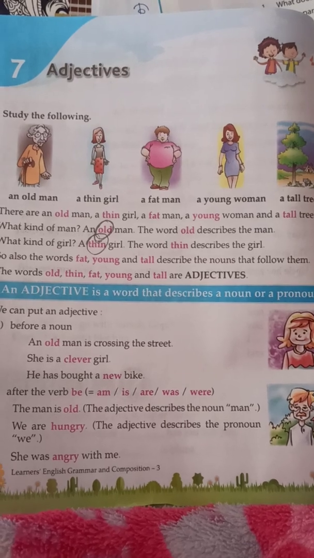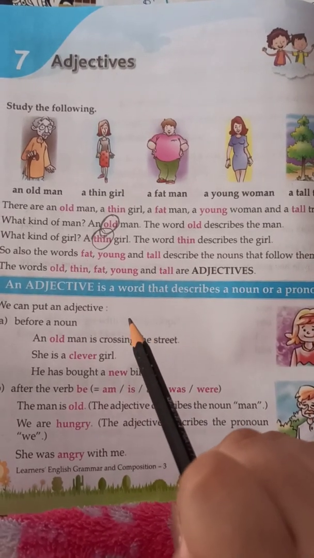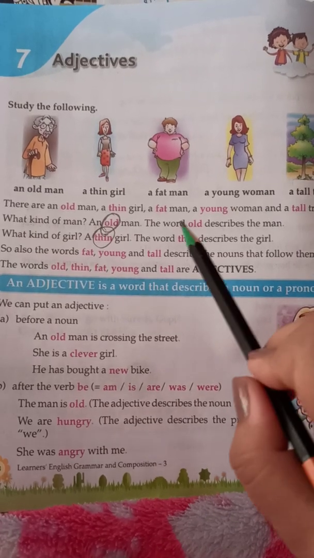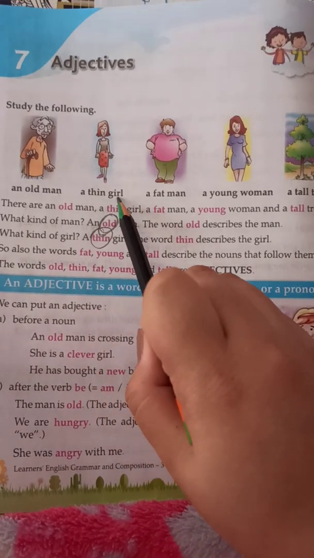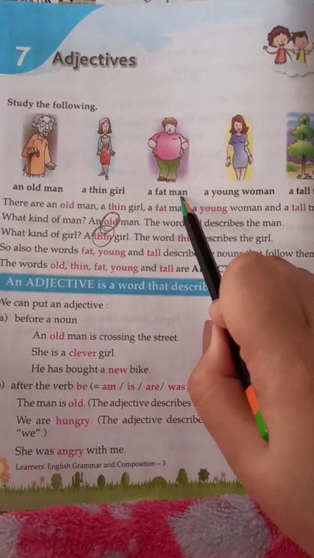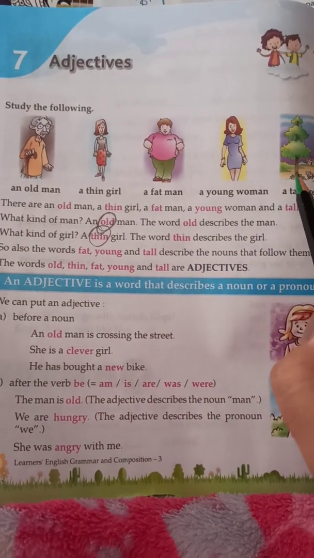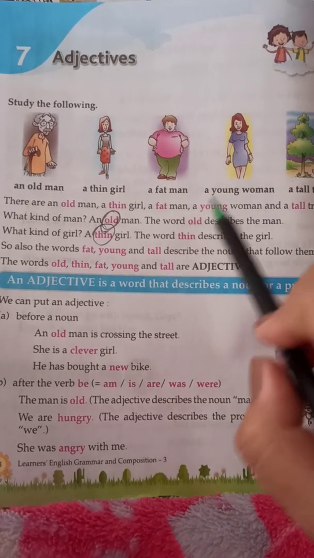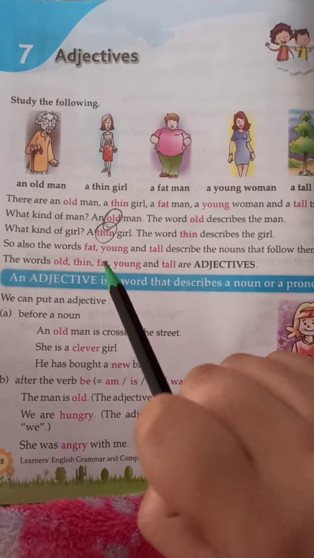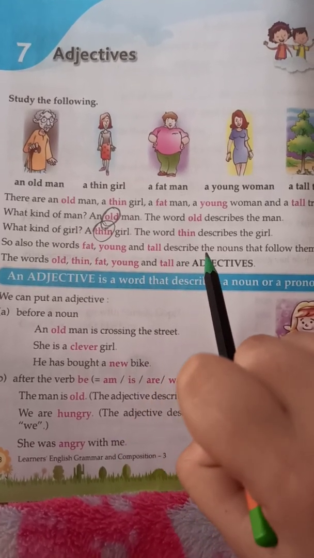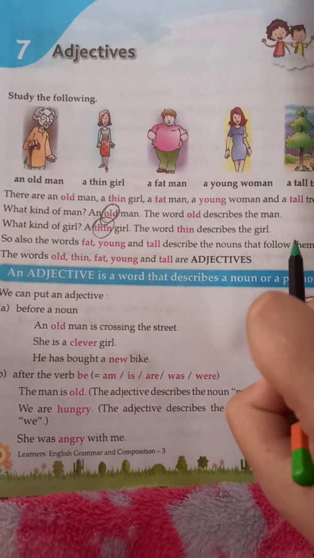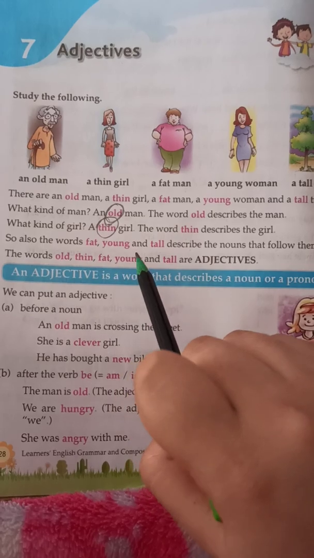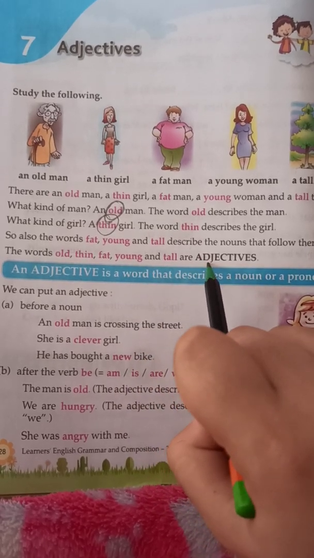Nouns are naming words. We had already studied them in the previous classes. For example, man, girl, woman, tree. All these are naming words and they are called nouns. Adjectives describe the nouns that follow them. The words old, thin, fat, young, and tall are adjectives.